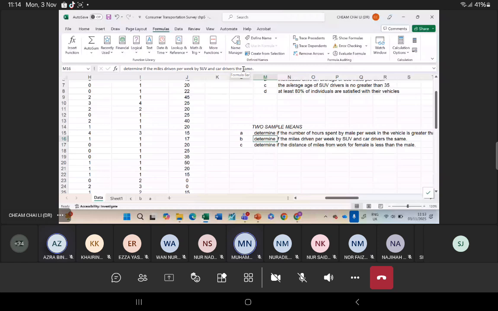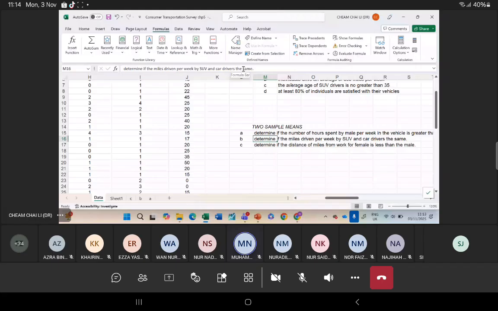Column G. And we need to have also the vehicle driven. So same thing. You copy this vehicle driven, right? We have copied, and then now you need to copy the miles driven.